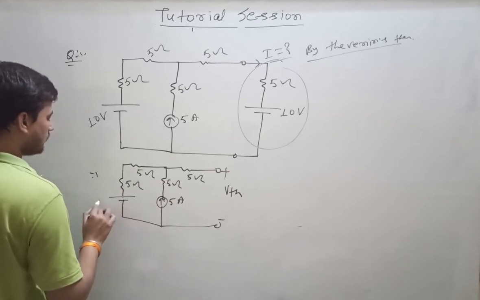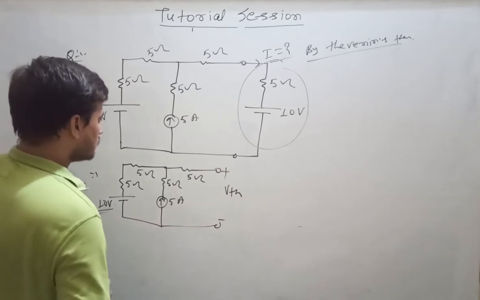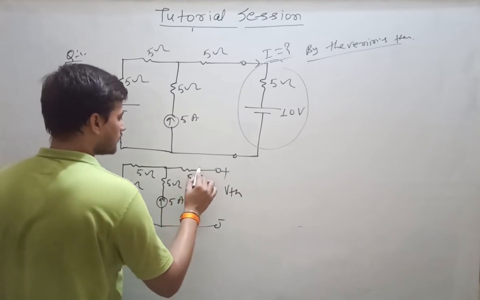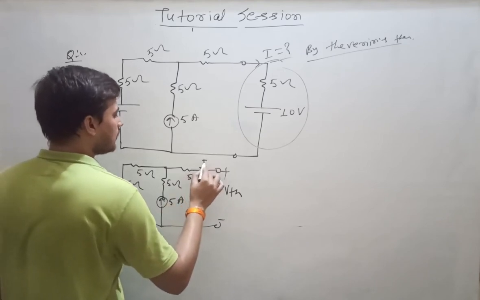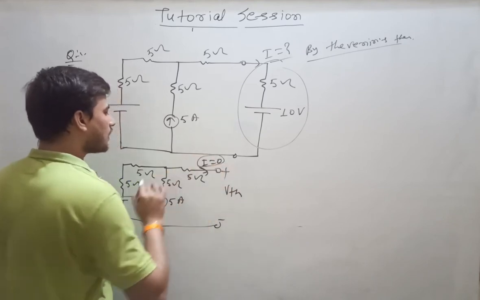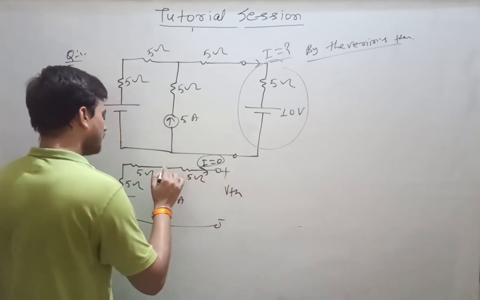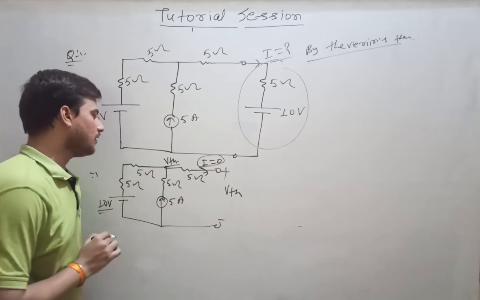Clear? You see, this current is what? Since this is an open circuited terminal, this current will be 0. Then if the potential is VTH here, here also the potential will be VTH.